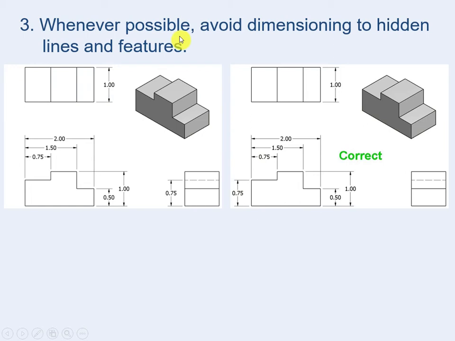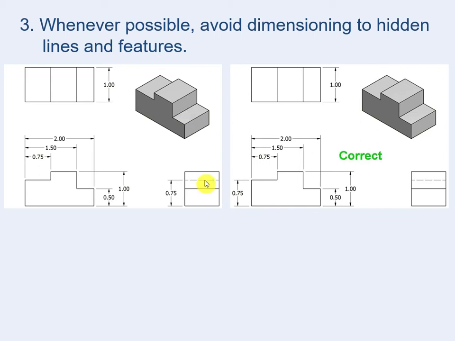Third rule, whenever possible, guys, avoid dimensioning to hidden lines and features. As an example, in these multi-views, as you see, the height of this hidden line, 0.75, represents the height of this edge, or this surface. And this surface from the right is hidden, not seen.